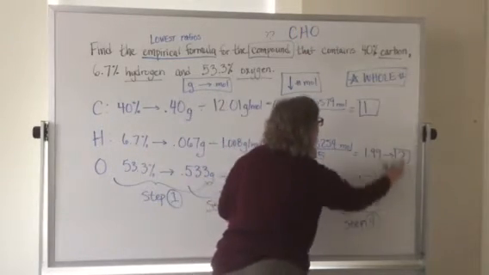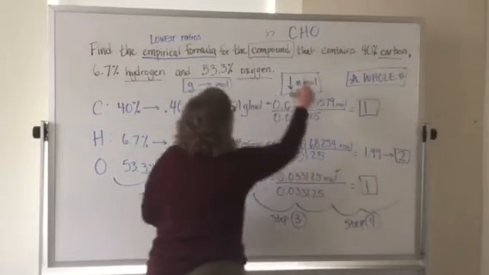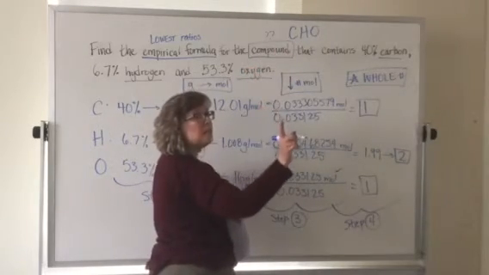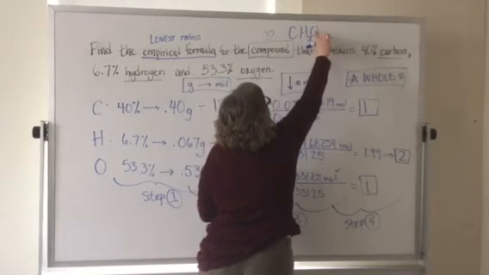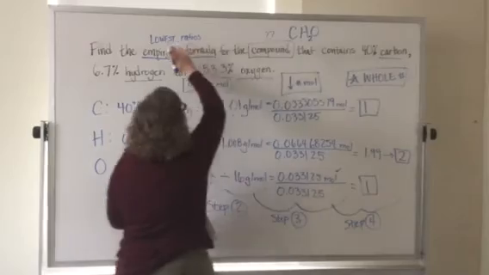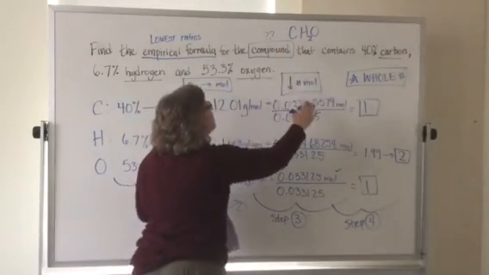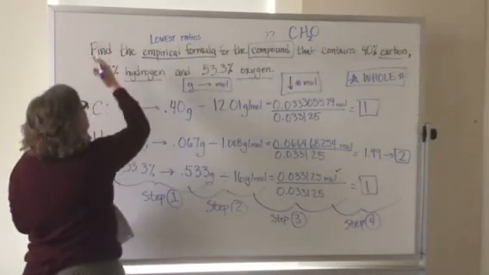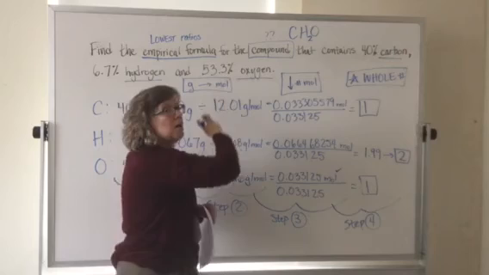Come over here for step 4, look at my whole number answers, 1, 2, and 1. So the ratio of these elements in this compound is 1 to 2 to 1. That, ladies and gentlemen, is how you calculate the empirical formula of a compound that contains this percent carbon, that percent hydrogen, that percent oxygen.